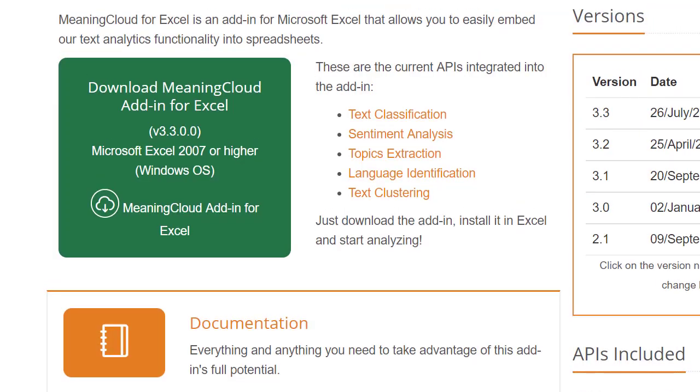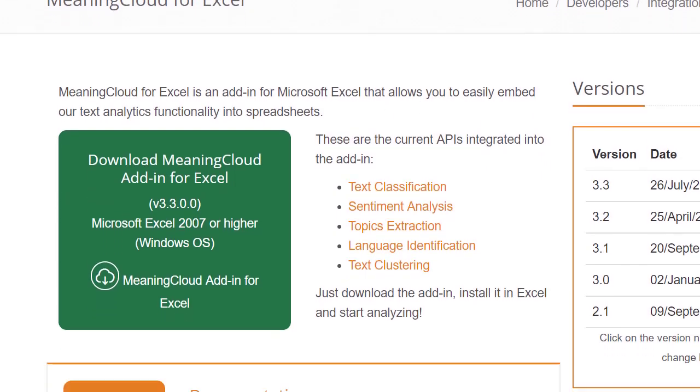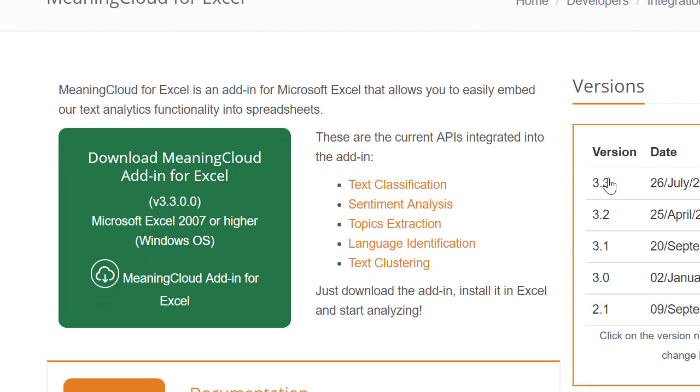Now you will have to create an account and log in, and then you'll get a key. Once you have that key, you need to remember that key. I would copy it and paste it in a text file somewhere and save it on your computer so that when you're using this in your Excel spreadsheet and it asks for the key, you can type it in or just copy and paste it in.